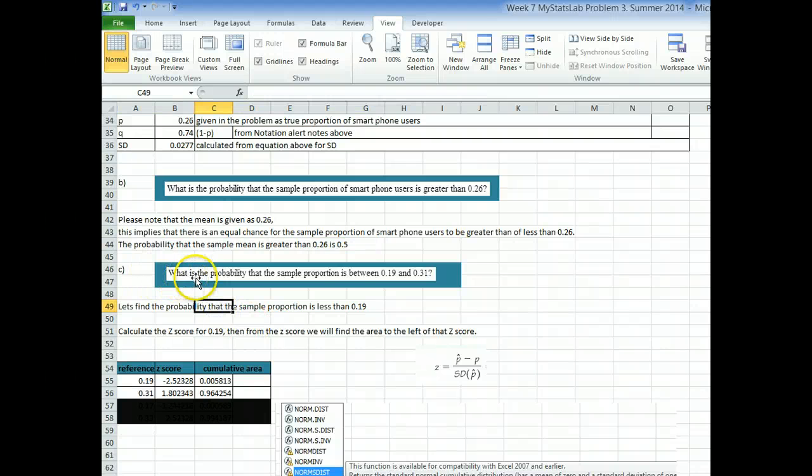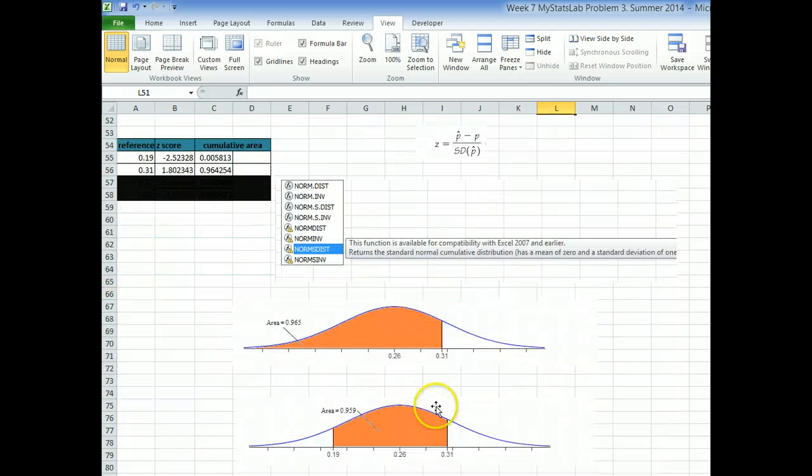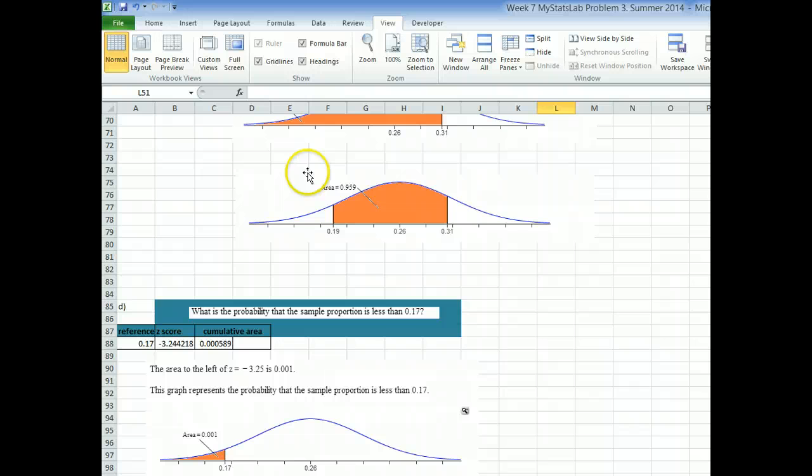Part C, what is the probability that the sample proportion is between 0.19 and 0.31? Now, in order to do this, let me rush to this graph here. We are interested in the shaded area, which is the probability that it is between 0.19 and 0.31.